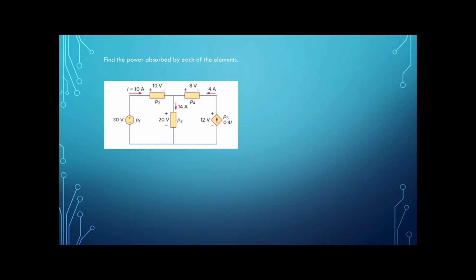So again, let's state what we know about power. In an electric circuit, we know that power is equal to voltage times current. And in order to obey the passive sign convention, we are always going to use power is equal to positive voltage times the current entering the positive terminal.